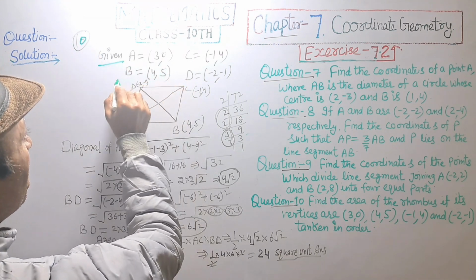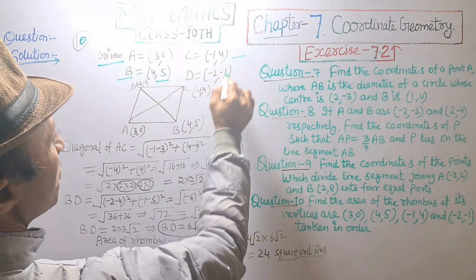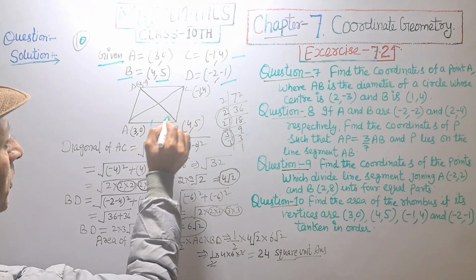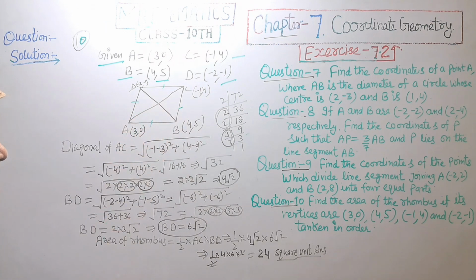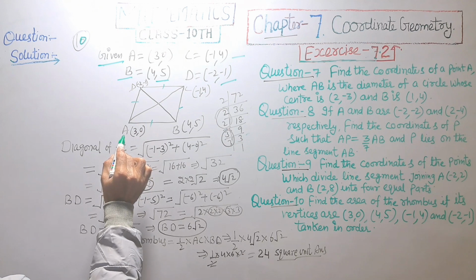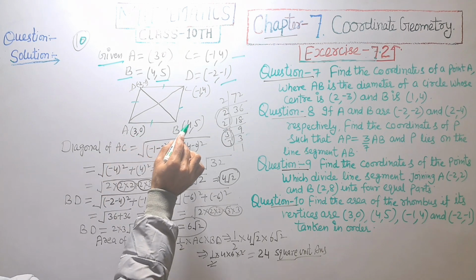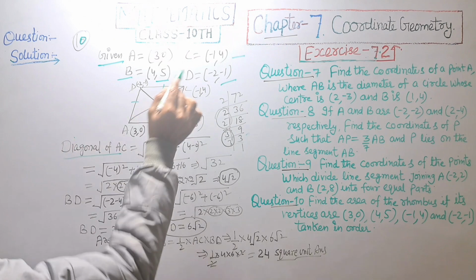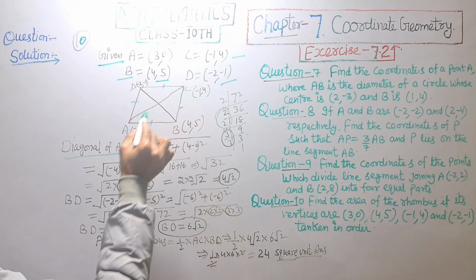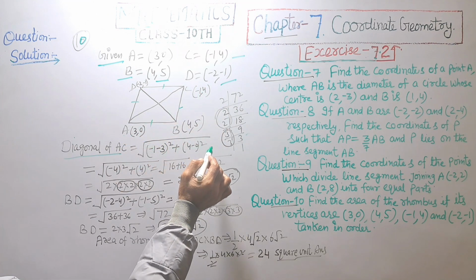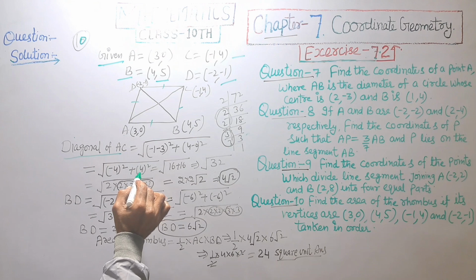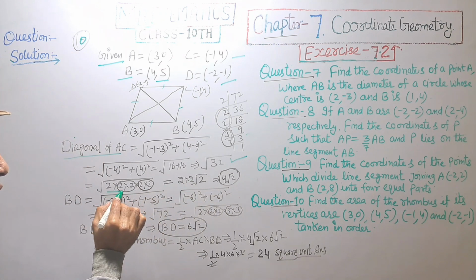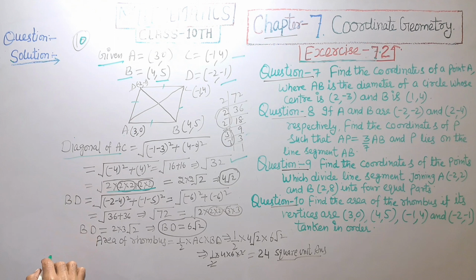Given A is (3, 0), B is (4, 5), C is (-1, 4) and D is (-2, -1). ABCD is a rhombus: AB, BC, CD, AD, the 4 sides are equal. So for diagonal AC by the distance formula, we get (x2 minus x1) square plus (y2 minus y1) square, that is 4 square plus 4 square. 4 4s are 16 plus 16, that is 32, and the prime factorization of 32 is 2 into 2 into 2 into 2 into 2, 5 times 2.